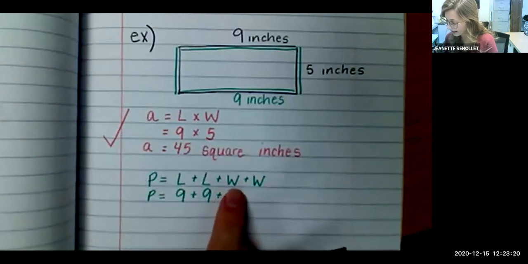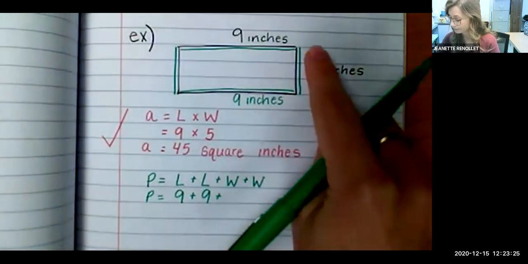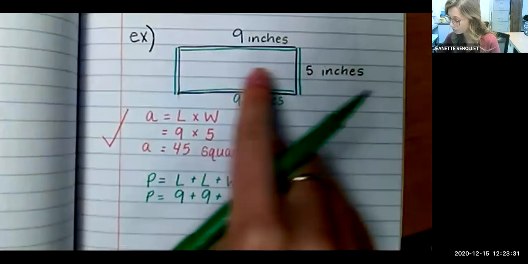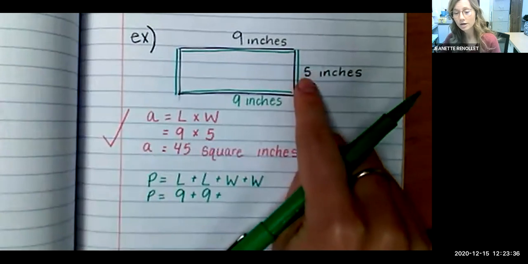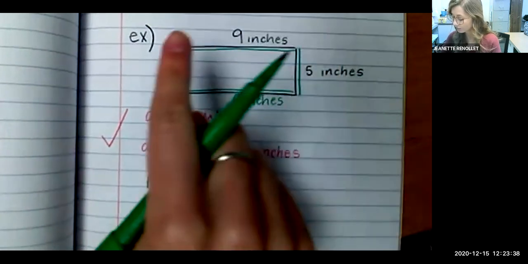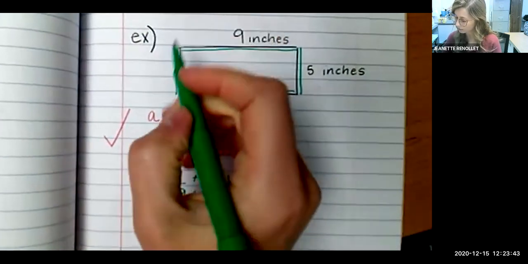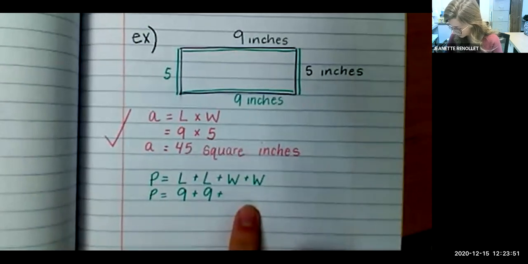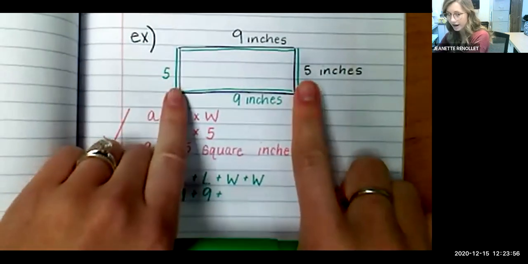Next, to find the perimeter, I need to add the other sides, which are the widths. This side and this side. These are my widths. So I know this side says it's 5 inches long. That means over here, it's also 5 inches long. So in my equation, I've got 2 W's because I have 2 sides to add.